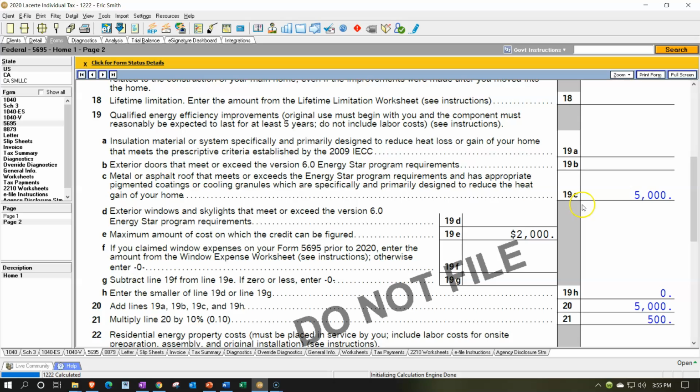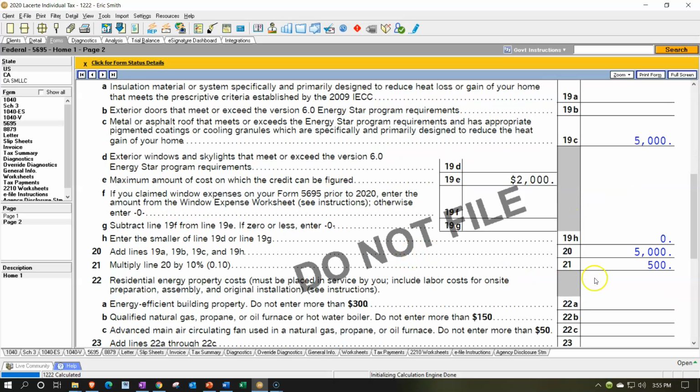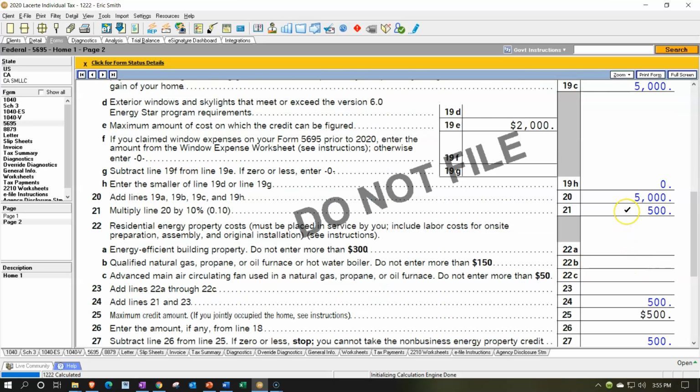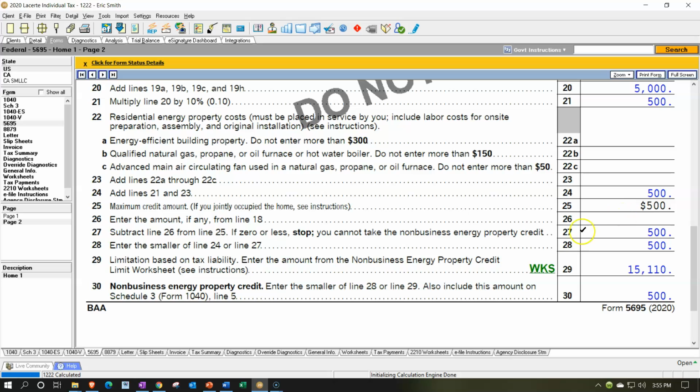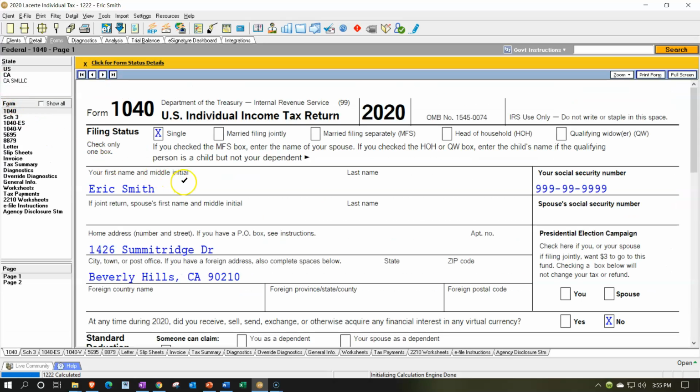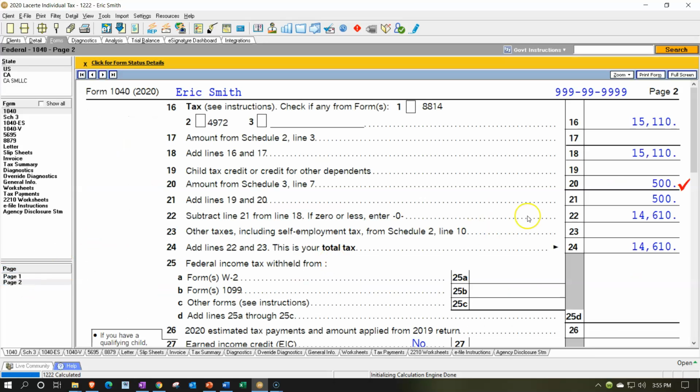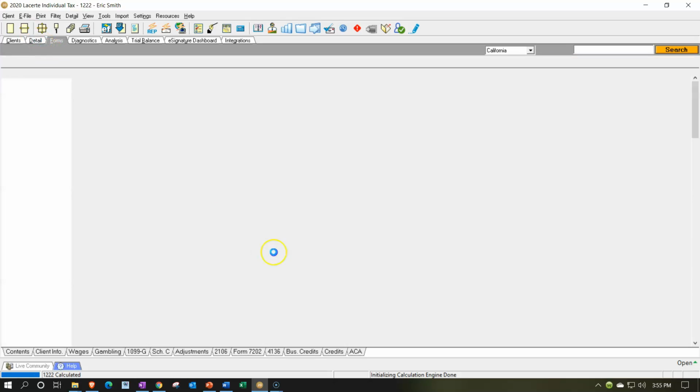We have the 5,000 in 19C, and then it's basically multiplying that times the 10%. So we're getting 10% of it, which would be the 500. 500 in essence carrying through to the Form 1040 page 2, and there's our 500 there once again.